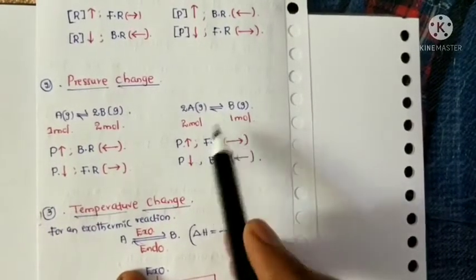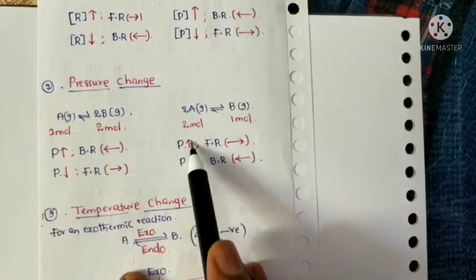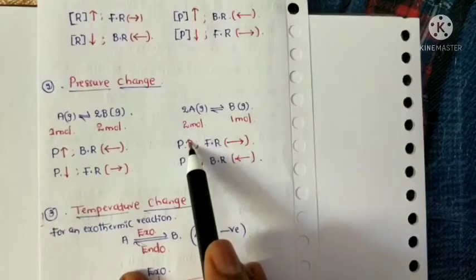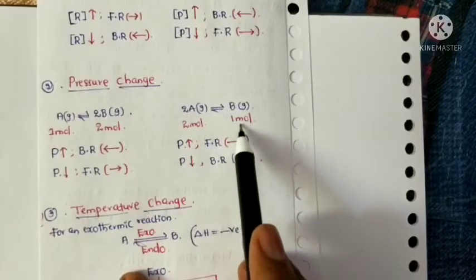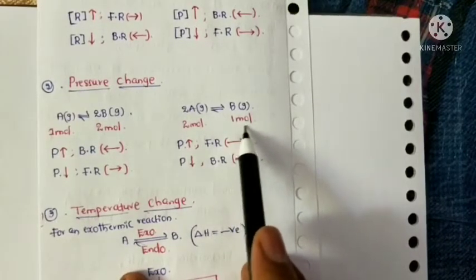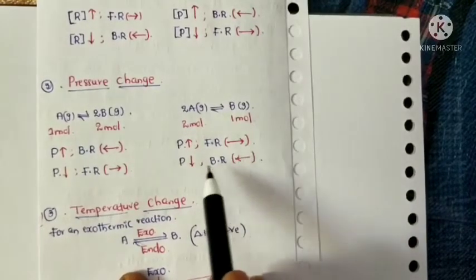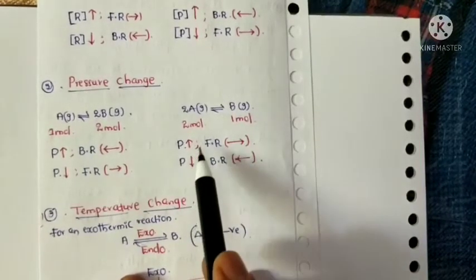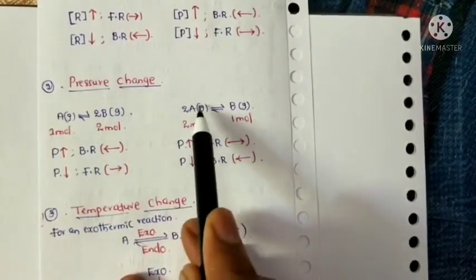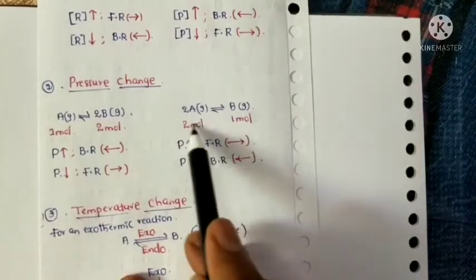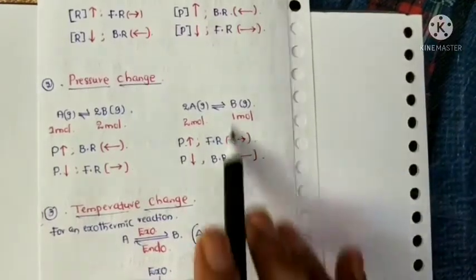In this situation, if the pressure increases, the equilibrium shifts to the side where the number of moles and the volume decrease. If the pressure decreases, it is backward, meaning a high number of moles or high volume. So pressure decrease belongs to high volume, and pressure increase belongs to low volume or low number of moles.